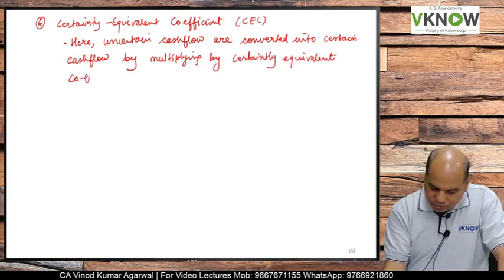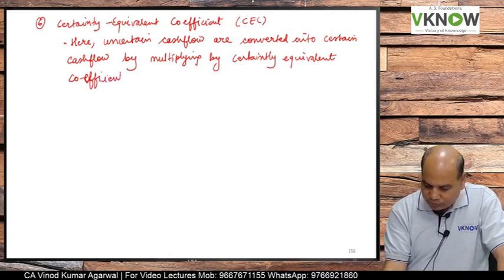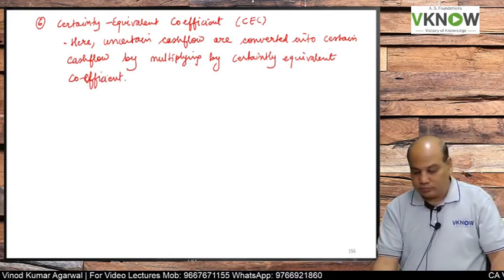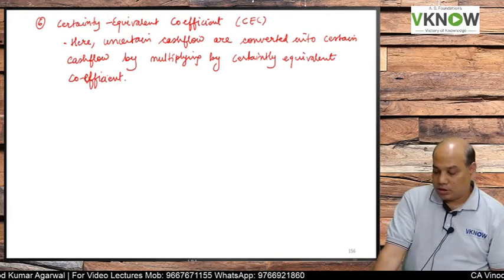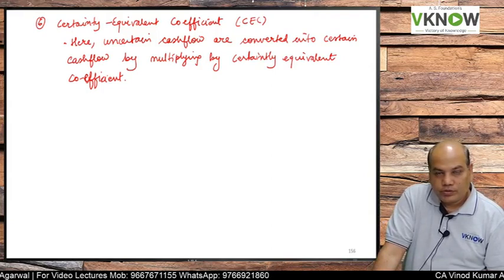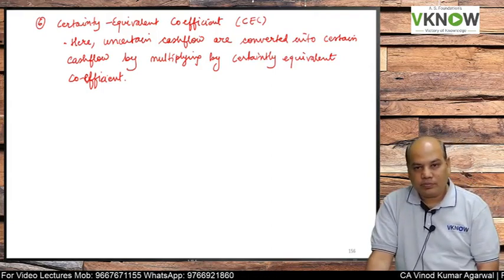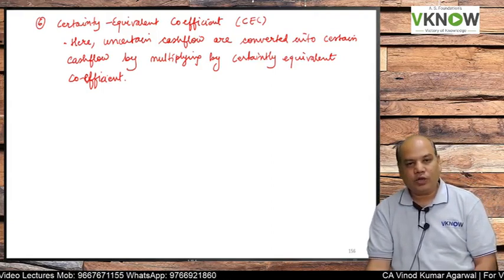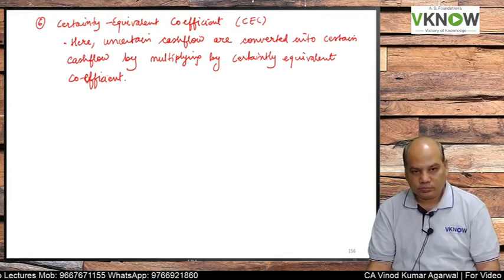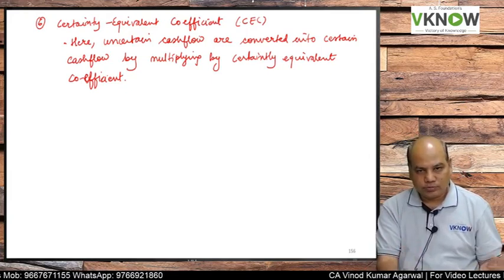I am making a small summary of this chapter for you, which will be required a day before the exam. Uncertain cash flows are converted into certain cash flows by multiplying by certainty equivalent coefficient. Okay, so you will be given a risky cash flow.